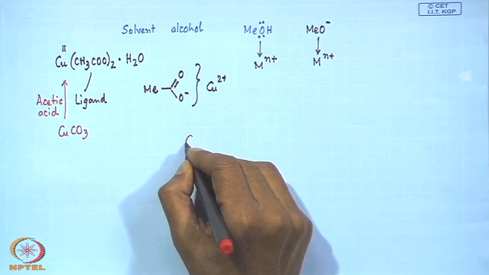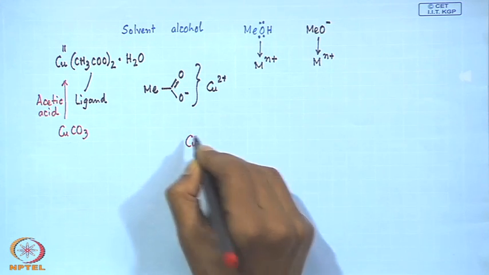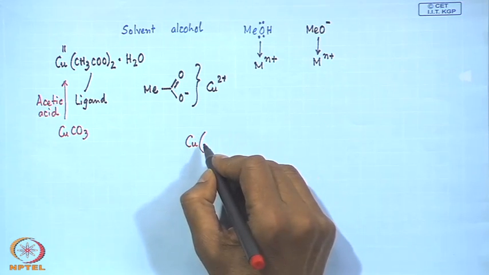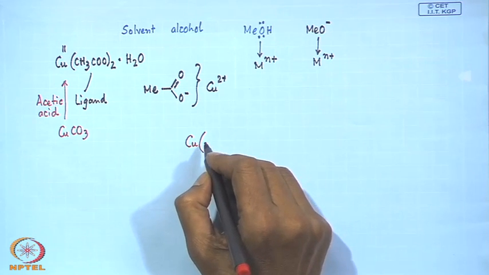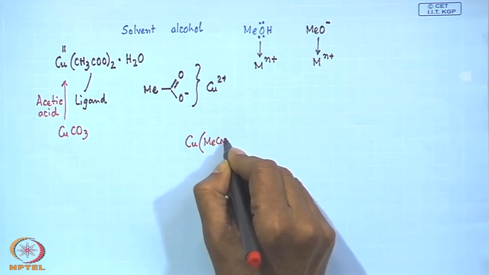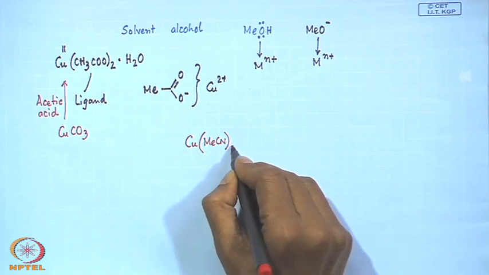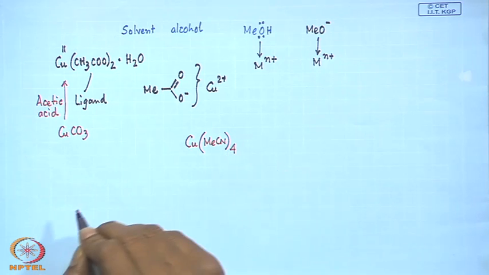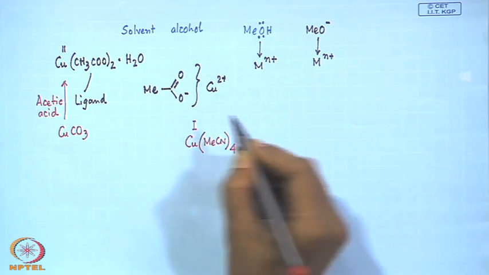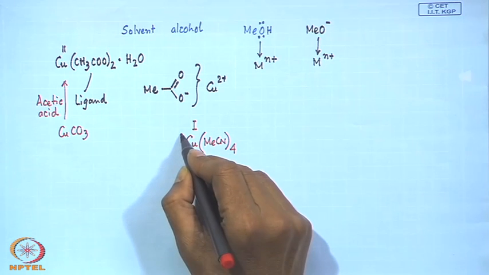So, one such species we can make in the solid state by replacing all other donor atoms around the metal by MeCN, and 4 such MeCN will be there. For a Cu plus center, copper is present in +1 oxidation state.